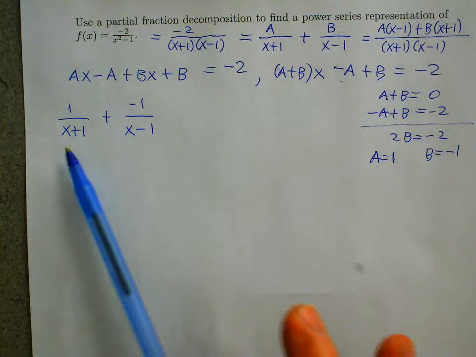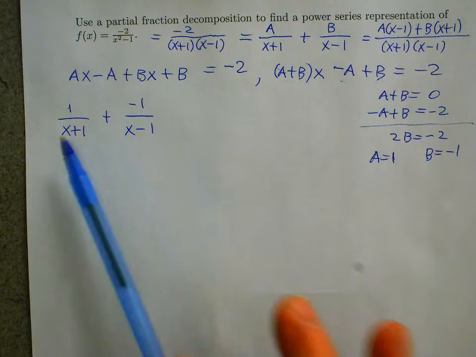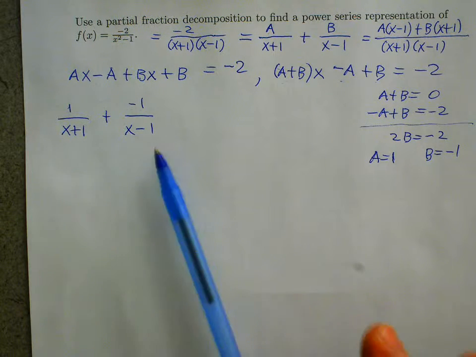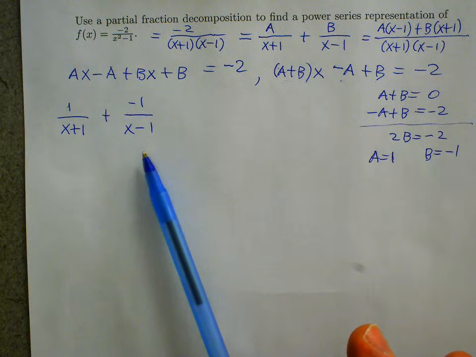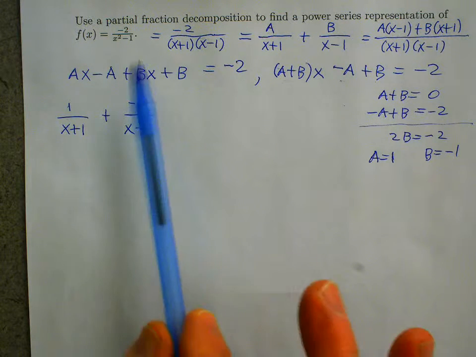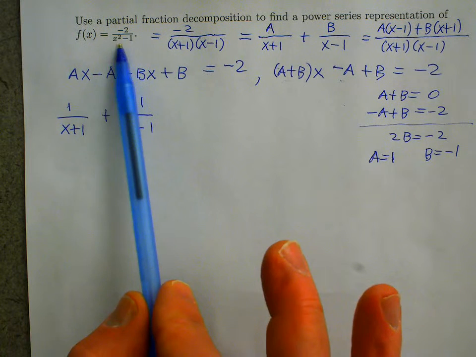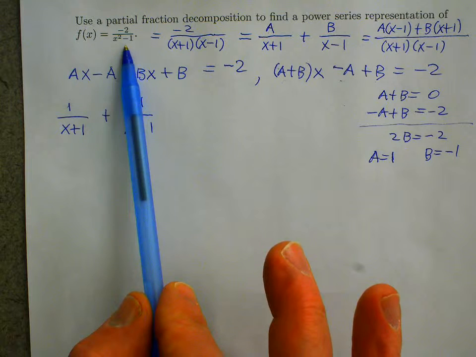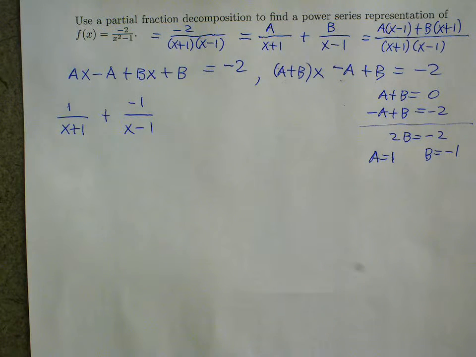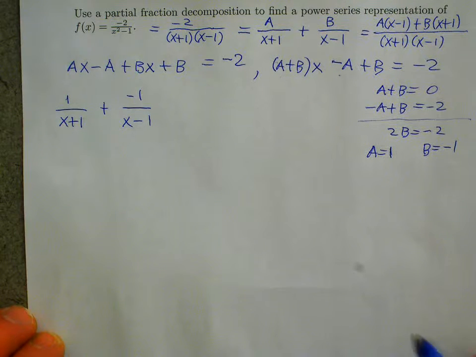So we want to use the sum of these two rational expressions to help us find a power series representation for negative 2 over x squared minus 1. Okay, so any ideas?